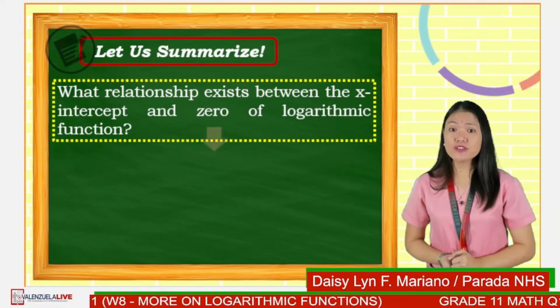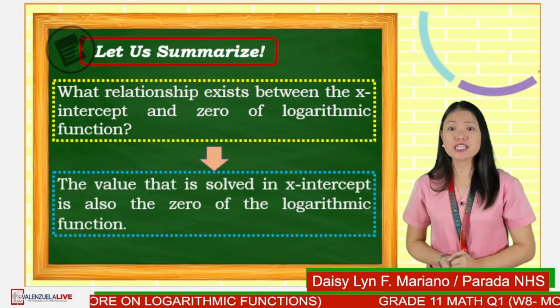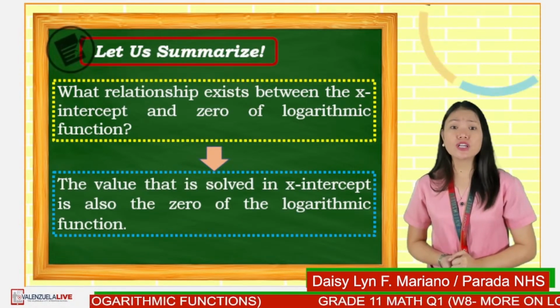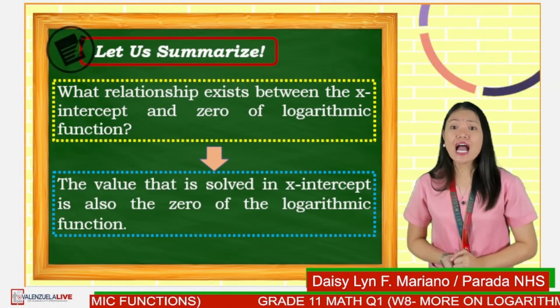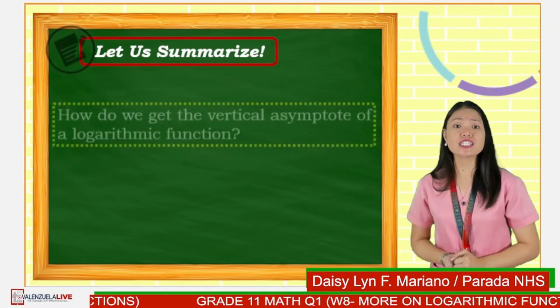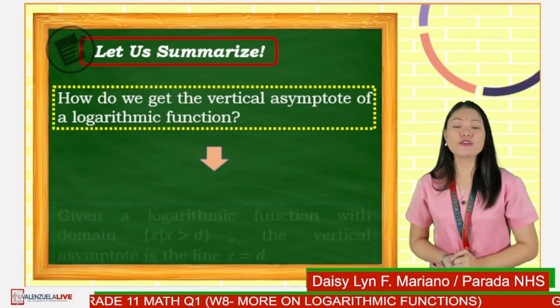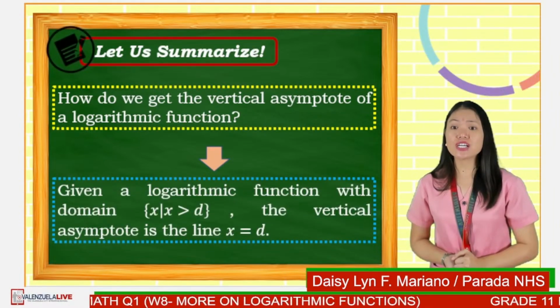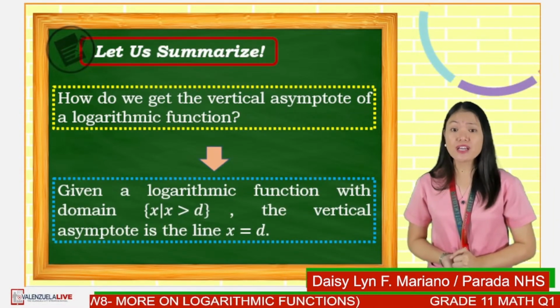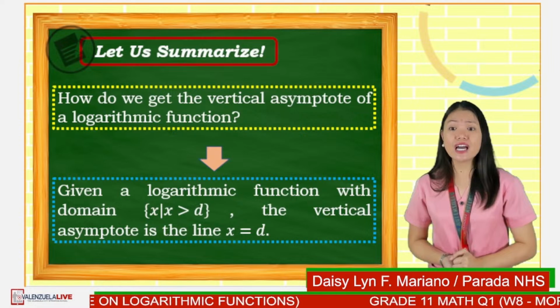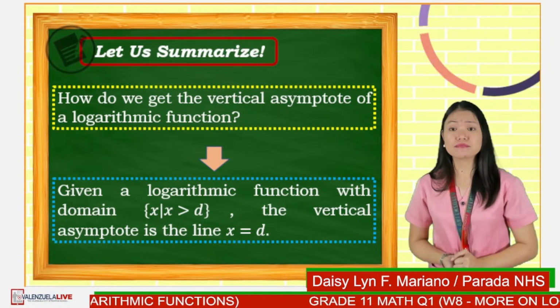The value solved in the x-intercept is also the zero of the logarithmic function. How do we get the vertical asymptote of a logarithmic function? Given a logarithmic function with domain x such that x > d, the vertical asymptote is the line x = d.